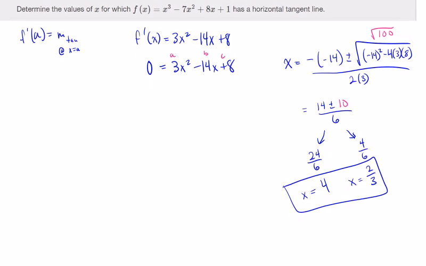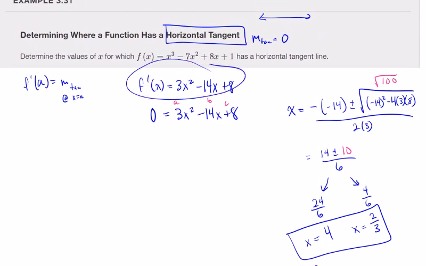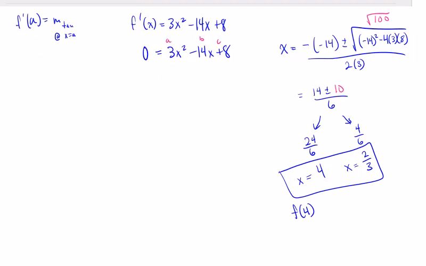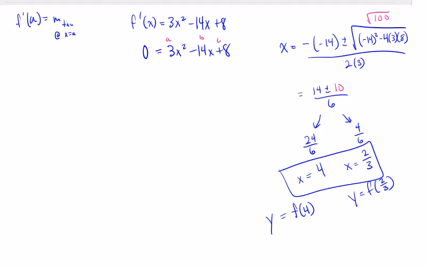So if you wanted to, you could find f of 4, not the derivative, because we know if we plug in 4 into the derivative, we're going to get 0. But if you plug in 4 here, whatever that output is, if you set y equal to that, that's going to be the actual equation of your horizontal tangent line. And the same thing if you did y equals whatever f of 2/3 came out to be.